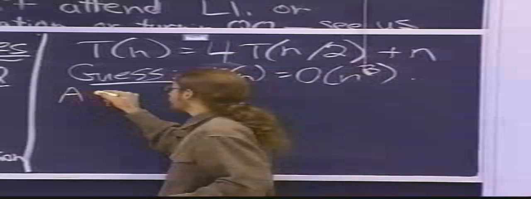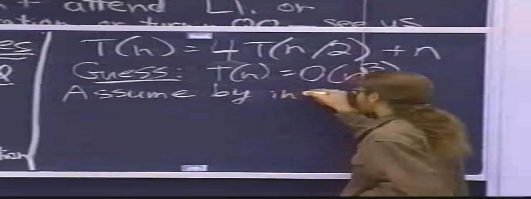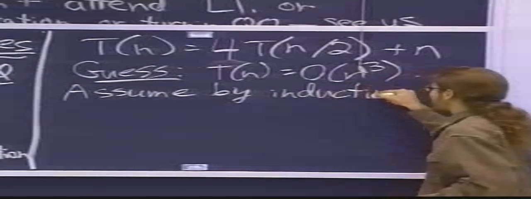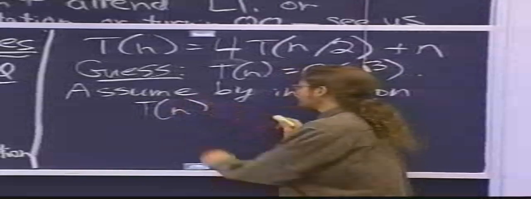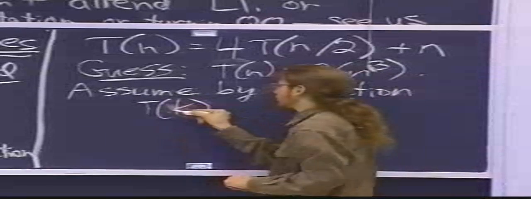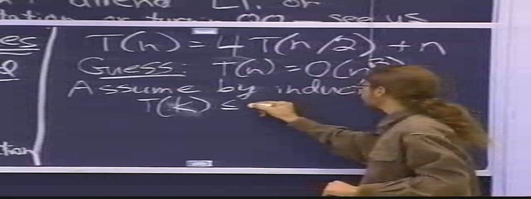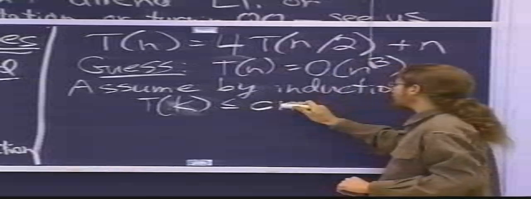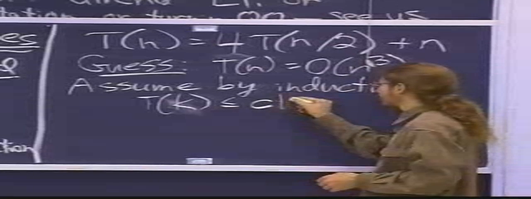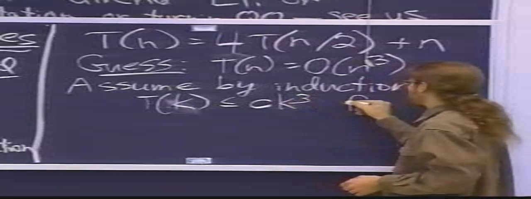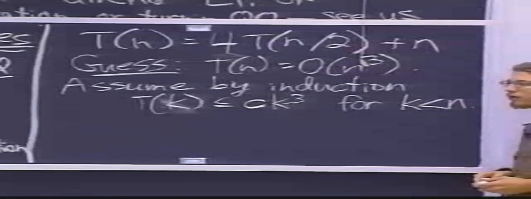So the induction hypothesis is, we'll assume that T of k, let's say, is at most some constant times k cubed for all k strictly less than n. And then our goal is to prove it for n.